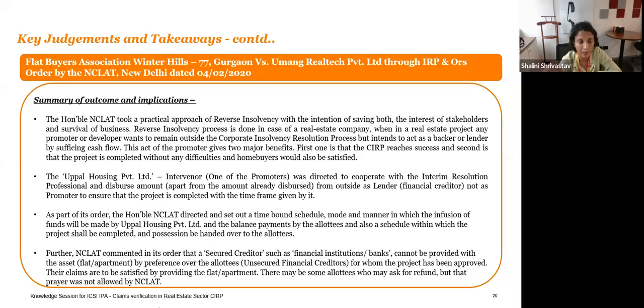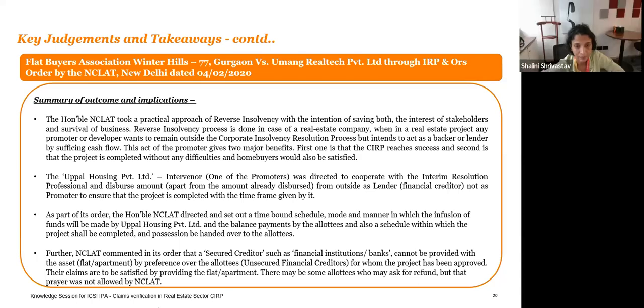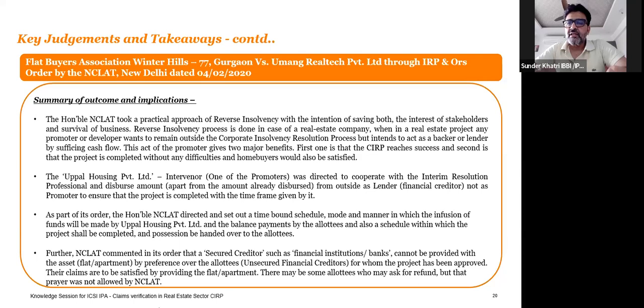So yes, the main issue we are actually facing is when the verification of claims comes to us. It is very difficult to verify the claim in such a situation when the amount is being spent only on the project which is actually under CIRP.